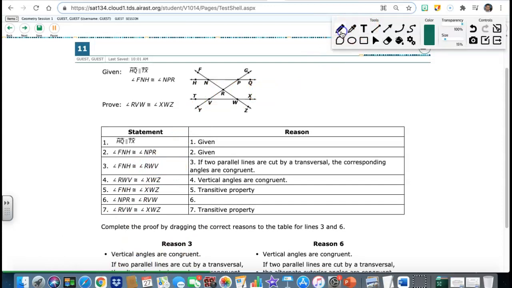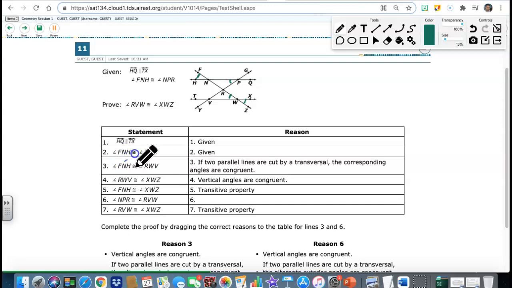I already know that F and H is congruent to NPR. Next, RWV is congruent to XWZ. These two are vertical angles, that's right. So F and H is congruent to XWZ by the transitive property.